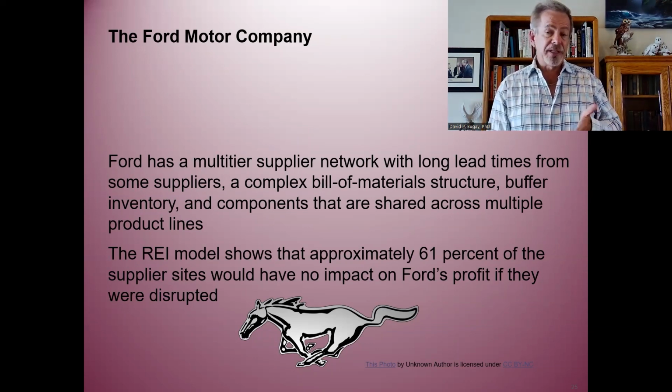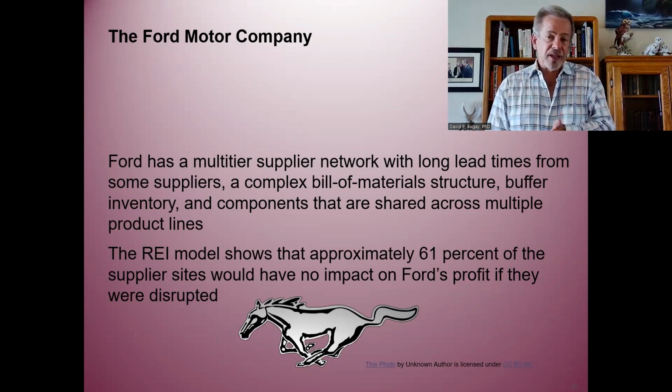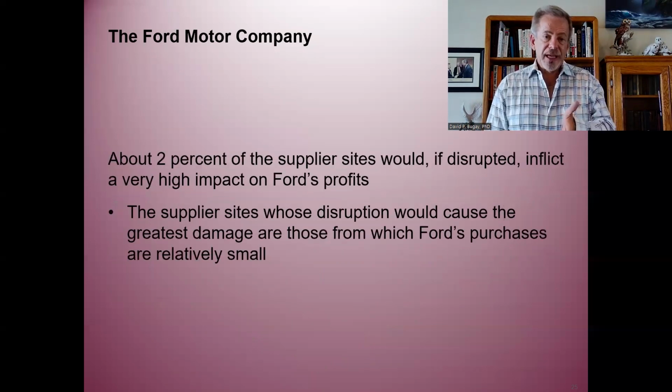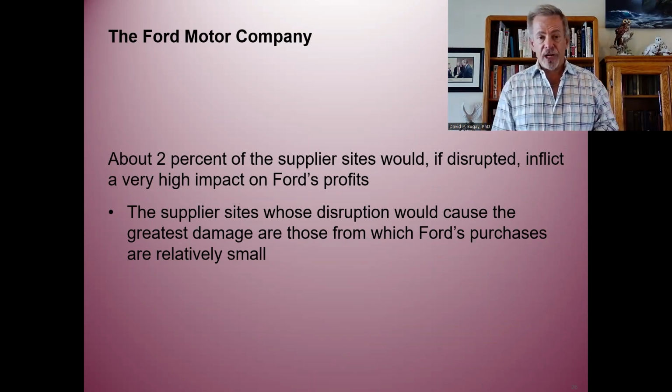That means they have enough redundancy that the vast majority of the supply chain would continue without that thing being shut down totally. About 2% of supplier sites would, if disrupted, have a huge impact on Ford's profit.